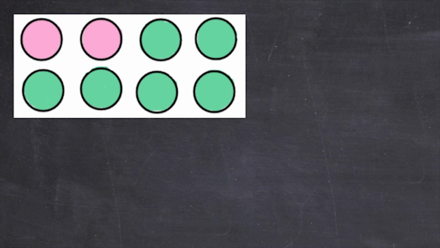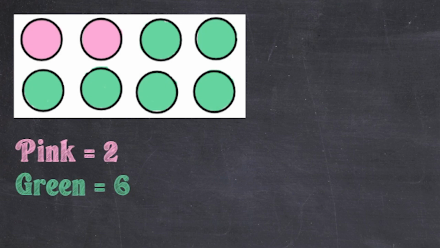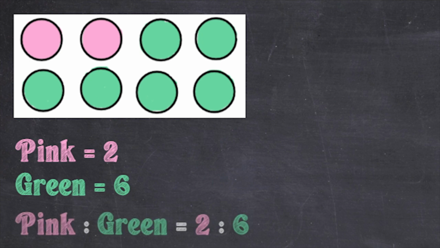Bonnie is playing with 8 marbles. 2 of the marbles are pink and 6 of them are green. The ratio of pink to green marbles is 2, the number of pink marbles, to 6, the number of green marbles. As a fraction, this can be written as 2 over 6. What do you notice about this fraction?